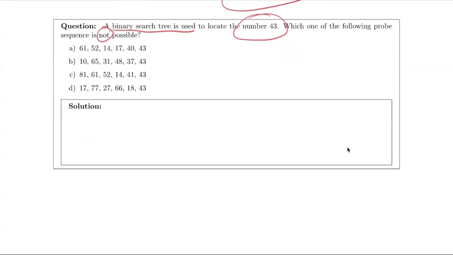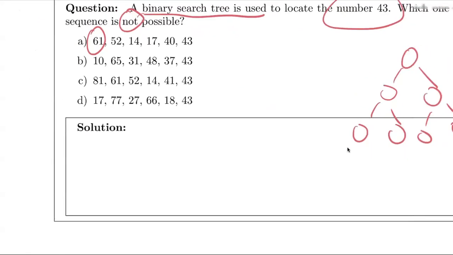A general thing about a binary search tree and the probe sequence: each step to the left or to the right makes the assumption that the number is either larger than 61 or smaller than 61. So we have that promise.